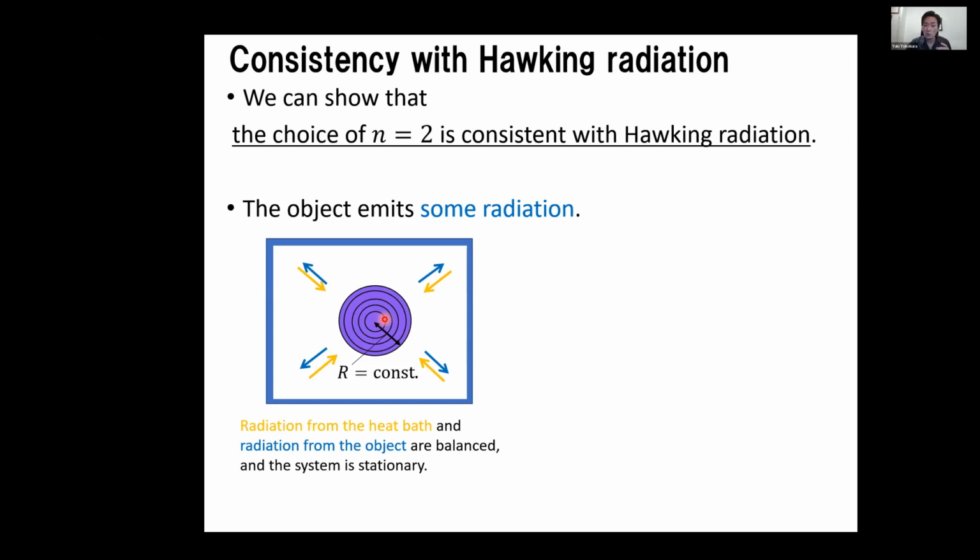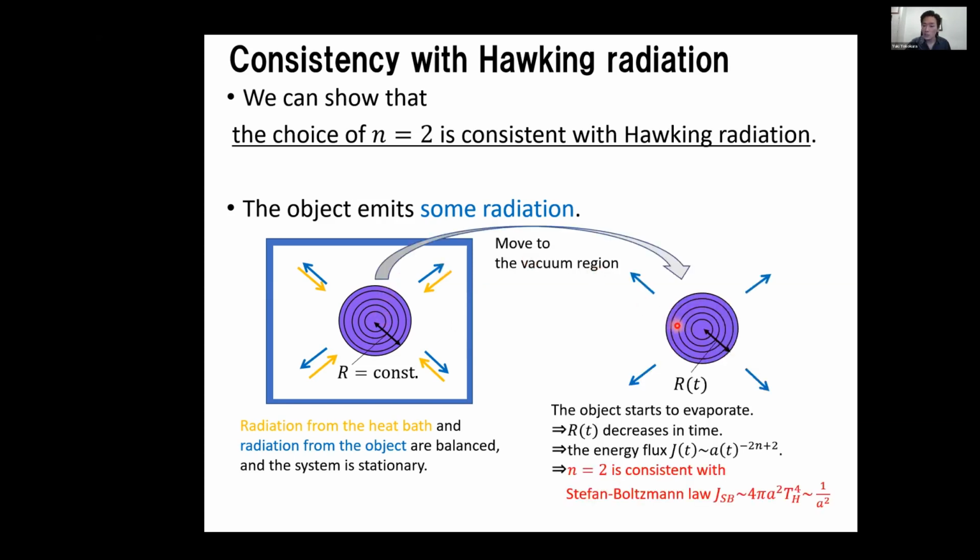If this is true, in the vacuum region, the object starts to evaporate, and the size of the object, capital R_T, decreases in time. Then here, we can check the energy flux behaves like this, A to the minus 2 and 2. So n equal 2 is consistent with the Stefan-Boltzmann law of Hawking temperature, this one. In the following, we focus on the case of n equal 2.